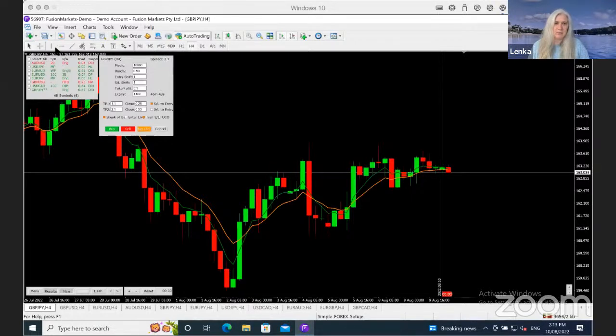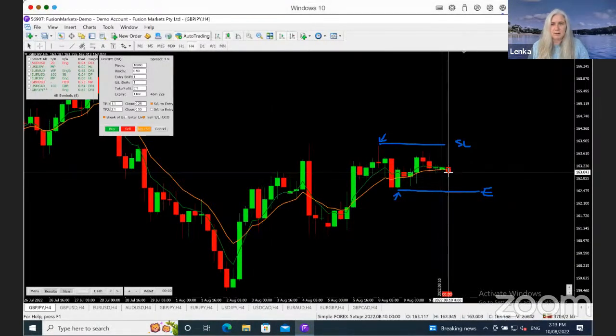So as an example, let me just draw something up as a test. Let's say I want to enter underneath that bar here, and I want my stop loss to be above that bar there. So what I can do is use the current bar and work backwards.